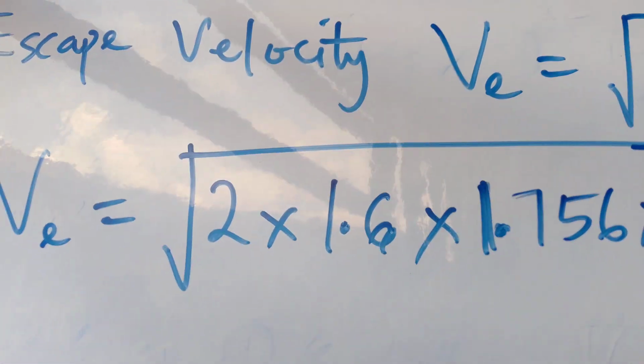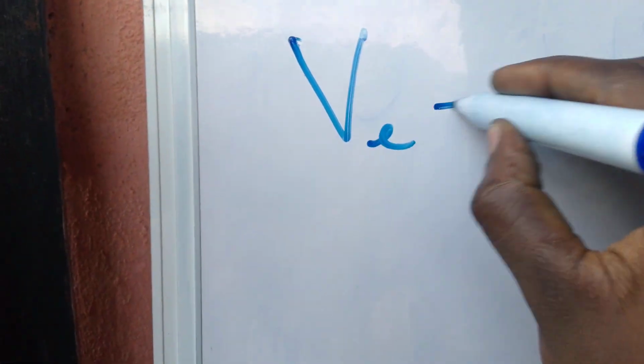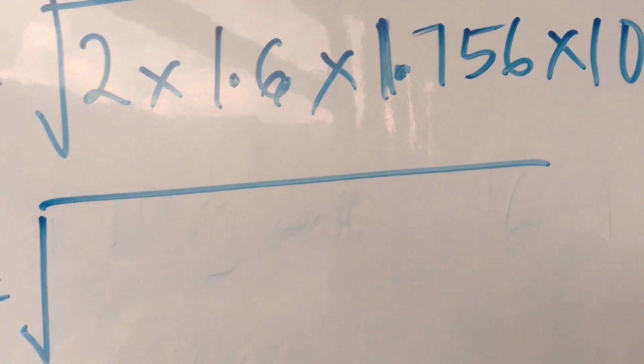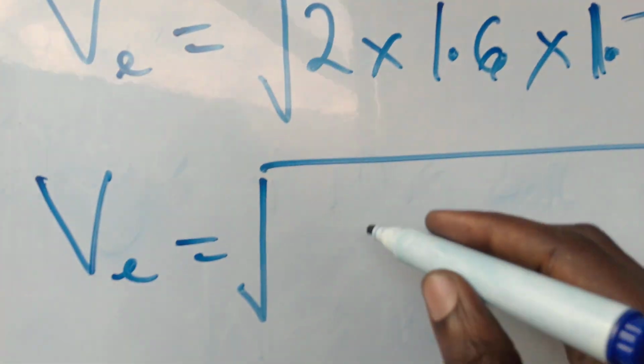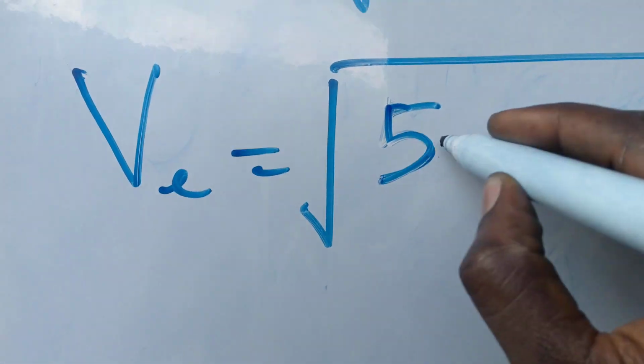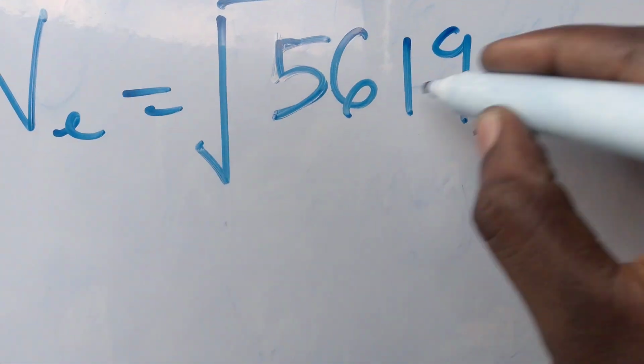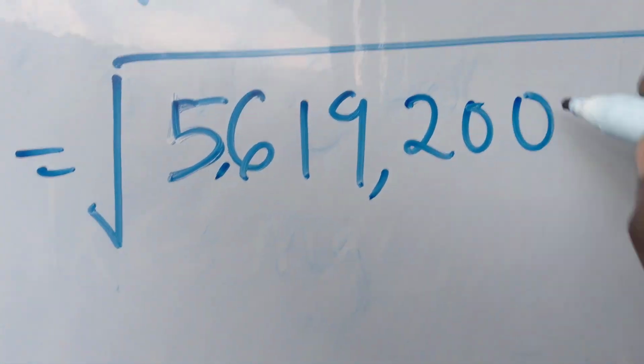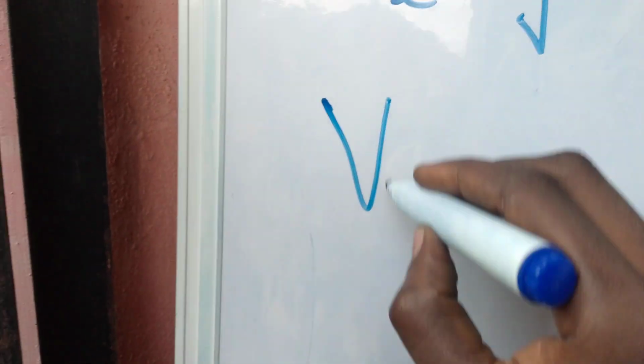Okay, if I multiply everything now, I'll have my escape velocity as the square root of, if I multiply this, 5,619,200. So find the square root now.